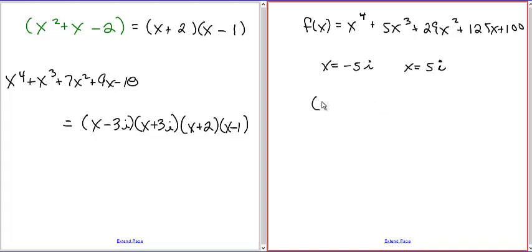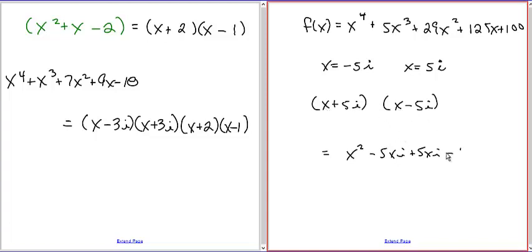And the corresponding factors are, you take the negative of that, so the corresponding factor for that is x plus 5i, and I get x minus 5i. Now if I multiply those two factors together, I'm going to get x squared. The inside and outside cancel out. I get negative 5xi and positive 5xi.